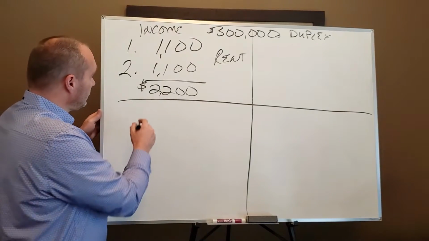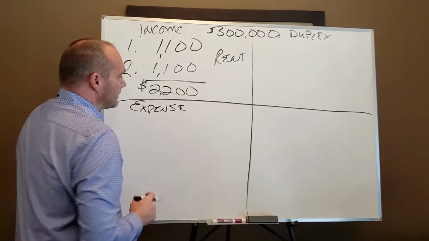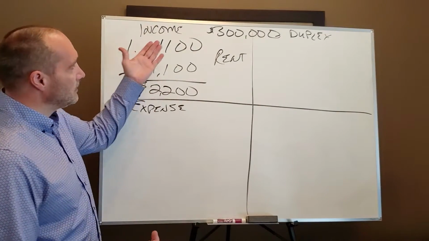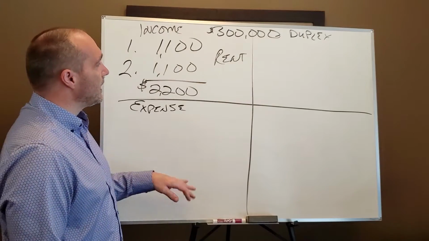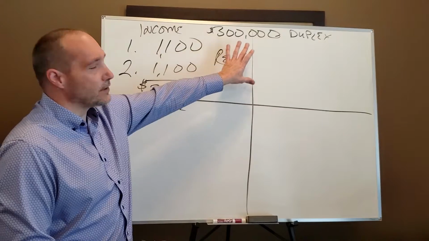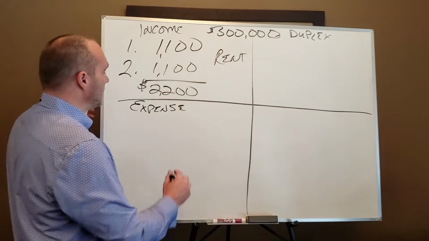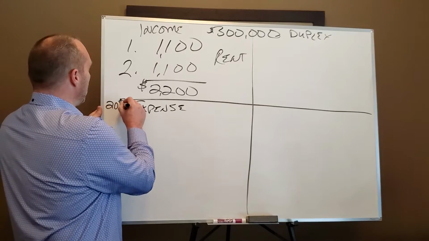Now, we're also going to have expenses related to our property, depending on how you purchase it. If you go out and you have $300,000, these numbers are going to look a little bit different, and we can talk about that another day. But let's say that you're going to the bank, you're going to take out a loan where you're going to put 20% down on the property.